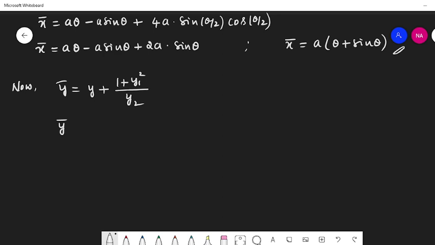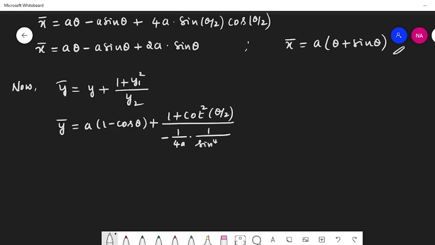So y bar equal to y plus, so what is y, a times of 1 minus cos theta, plus 1 plus y1 square, so that is 1 plus cot square of theta by 2, divided by y2. y2 is minus 1 by 4a into sine power 4 of theta by 2.